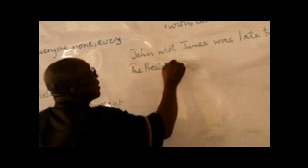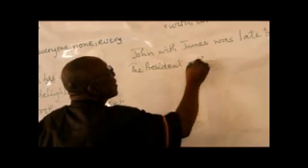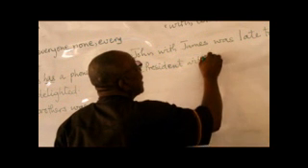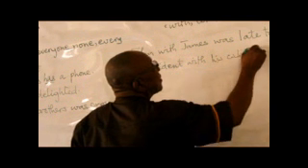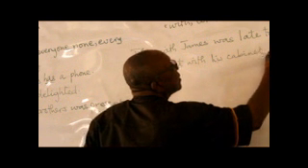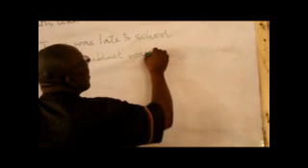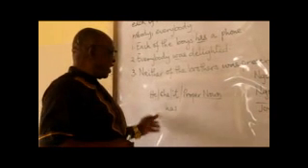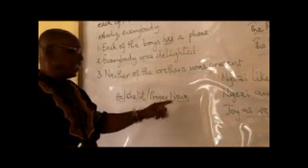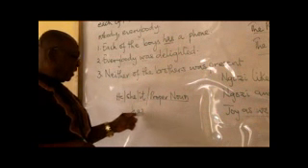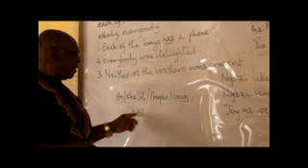Now look at this, let's use this: the president with his cabinet was present. So we said he, she, it, and any proper noun, that's any name, they take has.